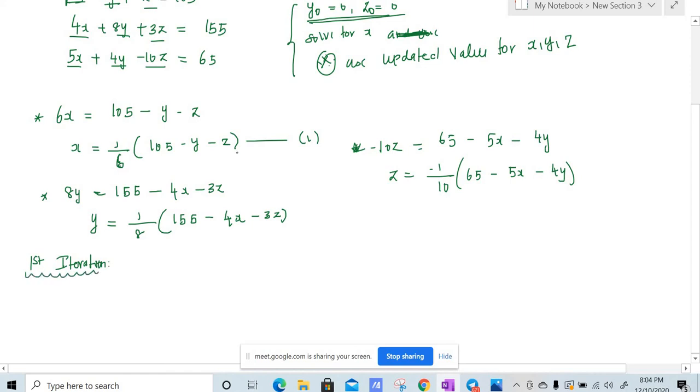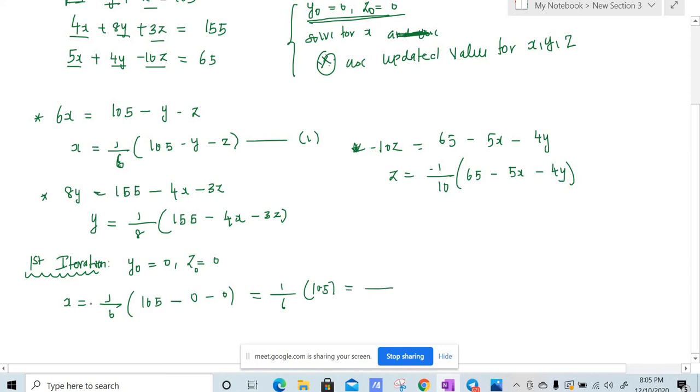Since they haven't given any initial condition, as I said earlier, you need to take y naught equal to 0 and z naught equal to 0. Now what is x? x is 1 by 6 into 105 minus yz. You need to substitute this value: 105 minus 0 minus 0, so it will be 1 by 6 into 105.